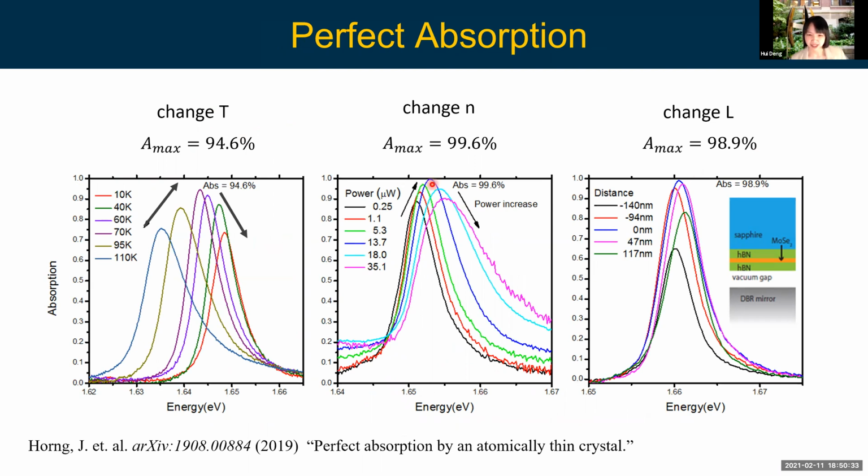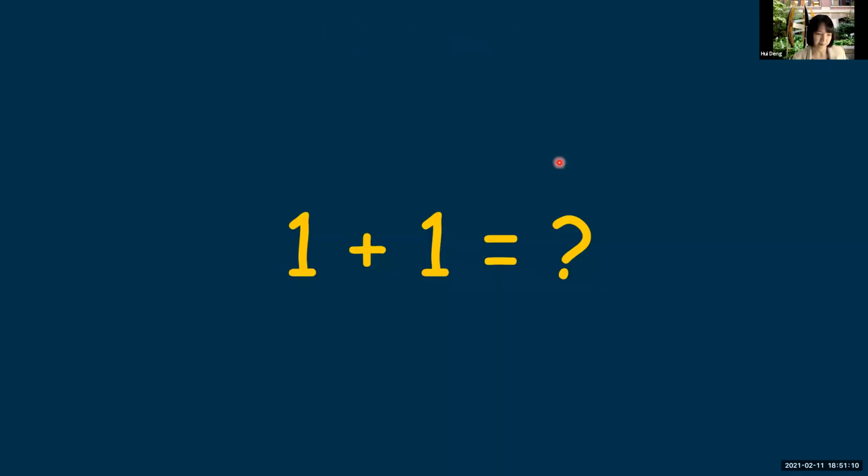In the best case, which is changing the excitation density, we get a maximum of 99.6% absorption by a single molecular layer of less than a nanometer thick. So that's quite remarkable, how with such 2D materials you can just tune the mirror behind it to turn it from a perfect reflector into a perfect absorber.